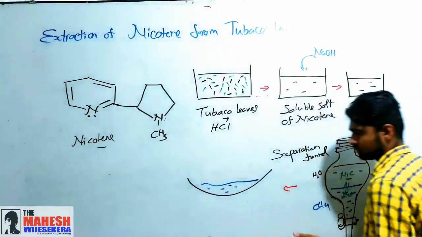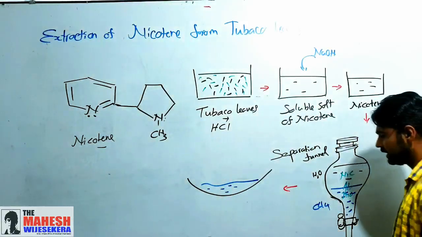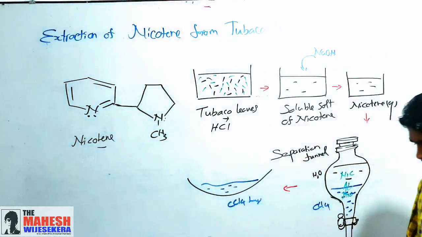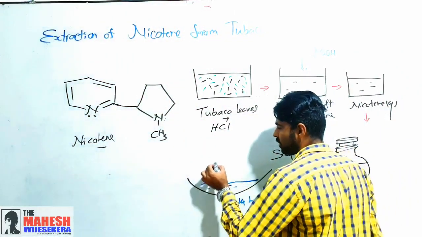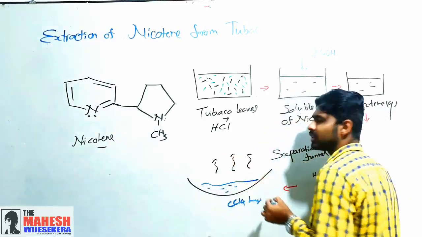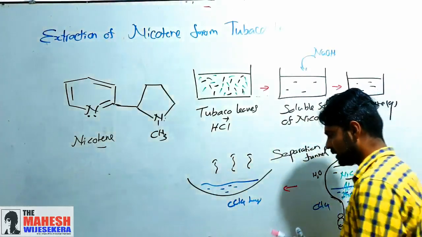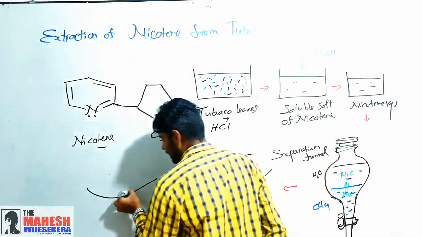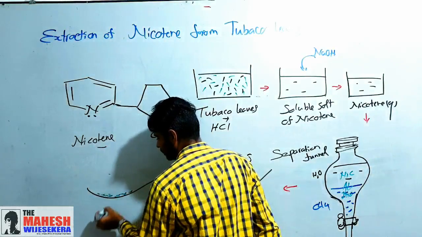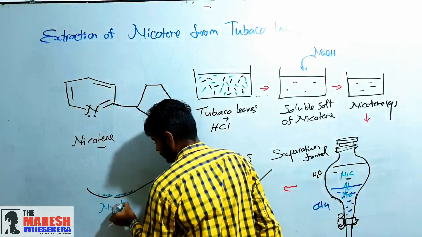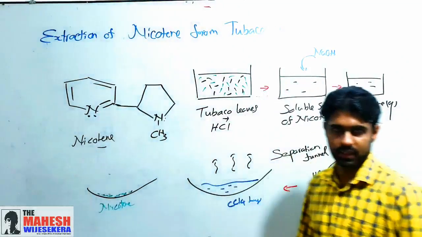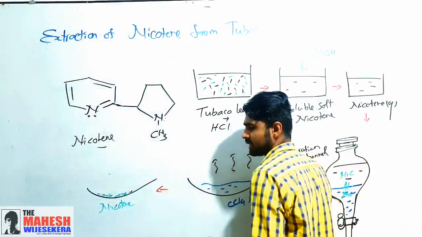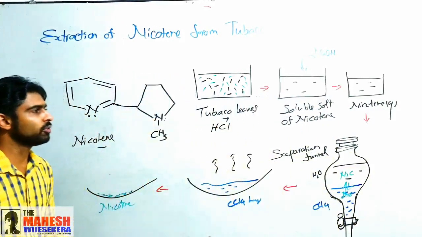Then we allow it to evaporate. You can place it in a slight heat, and finally you can get the solid nicotine there. So this is one of the methods that we use. These methods are really important, very useful methods.